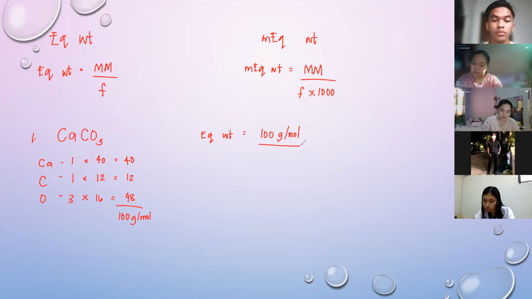And kayo ang tatanungin ko, ano kaya yung F ni calcium carbonate? Sige daw, kung nakuha ba yung sinabi ko kanina, you can send your answer sa chat. Ano kaya ang F ni calcium carbonate? 2 po, ma'am. 2.